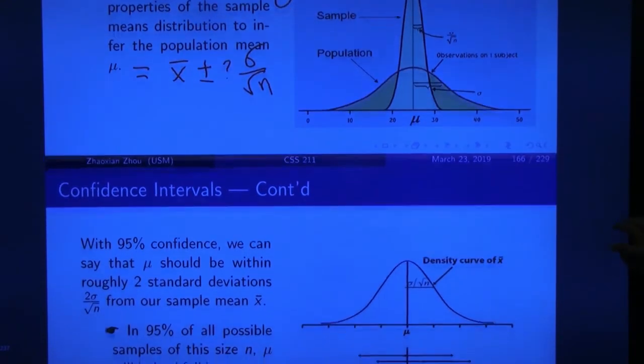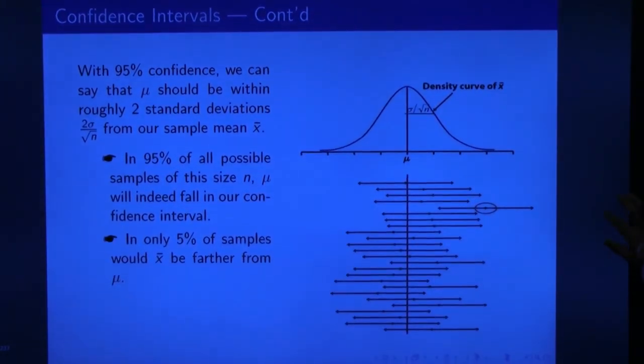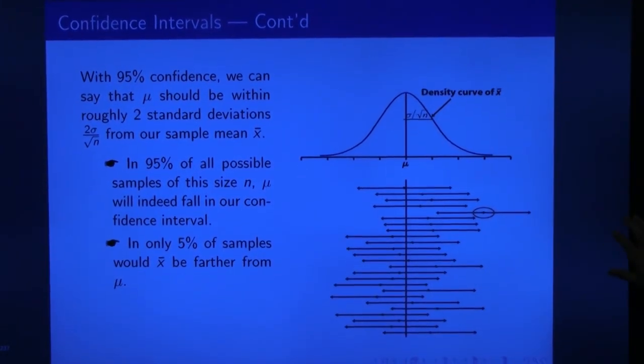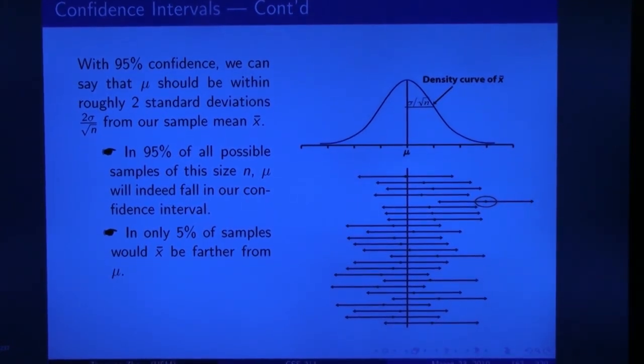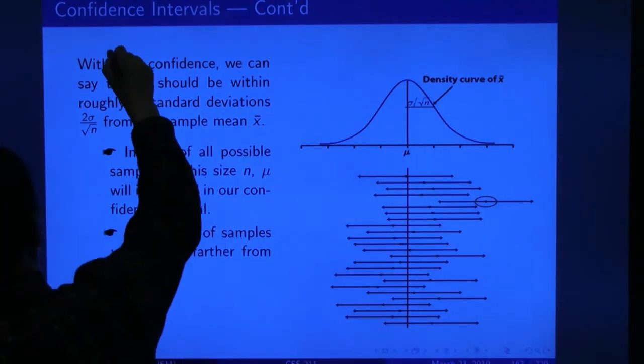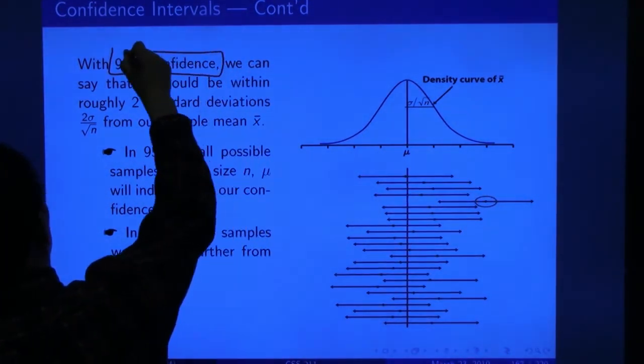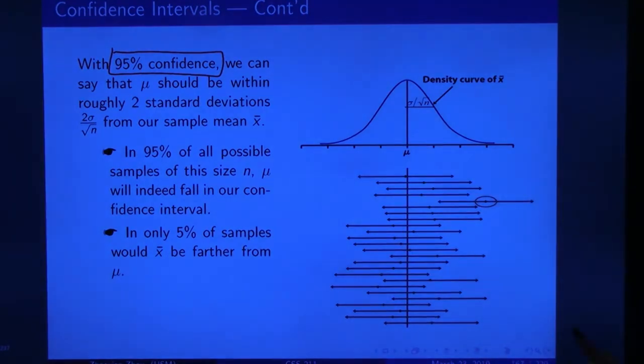Okay, now we review a little bit because this diagram is so important that we want to emphasize it one more time. With 95% confidence, we can see that the population mean should be within roughly 2, as we mentioned several times.